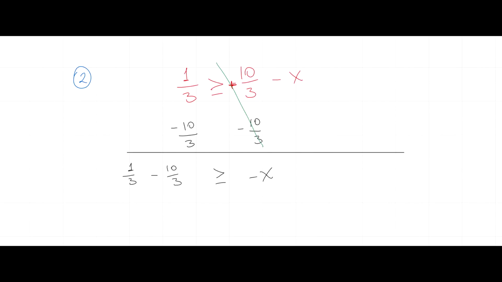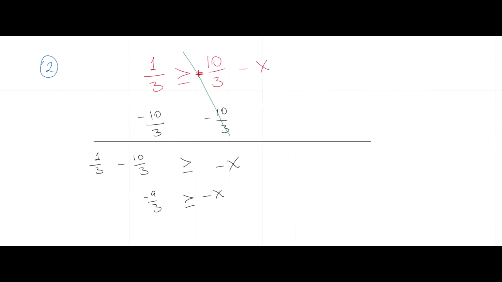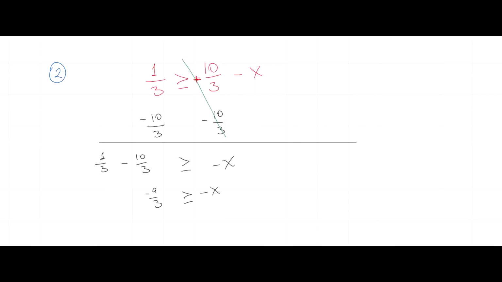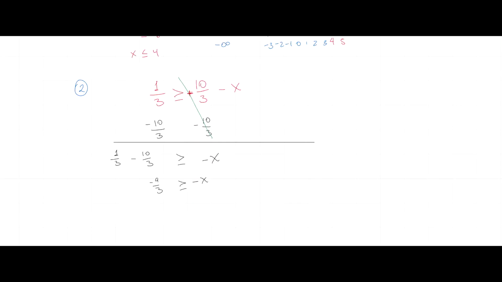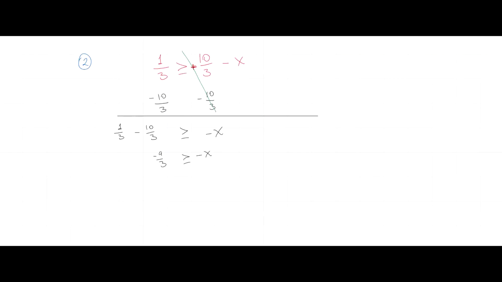When you combine these two numbers, the answer is going to be -9/3. Now, we are going to divide these two numbers, and here you're going to have -3. This is what we're going to have.